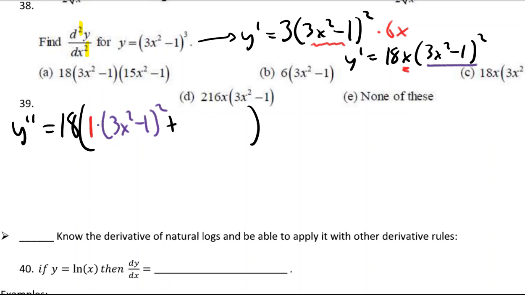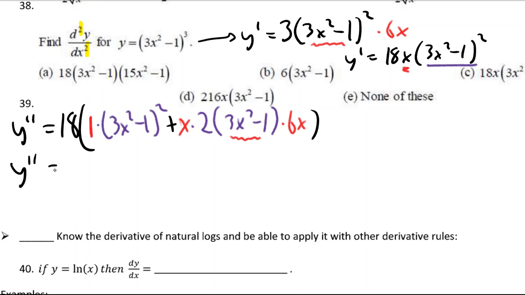Okay, and then switch it around. So now leave x alone. Take the derivative of this. So this would be like power rule. Bring the power down. Lower the power by 1. And once again, don't forget chain rule. Chain rule is one of the hardest things to see early in the year.